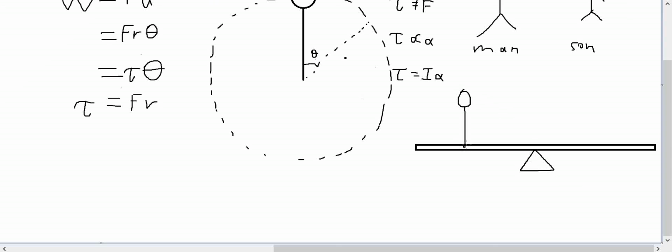The man sits 1 meter away from the center of the seesaw. Let's say the man is 70 kg and the son is 35 kg, so the man is twice as heavy as his son. Where should the son sit for the seesaw to be balanced? The answer is 2 meters.